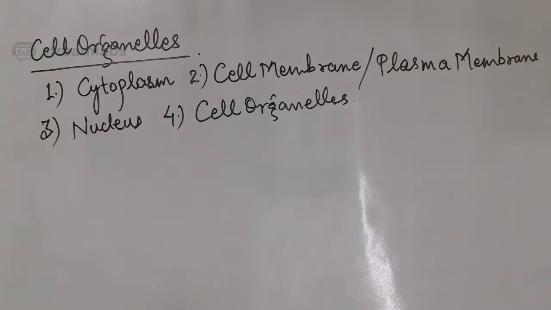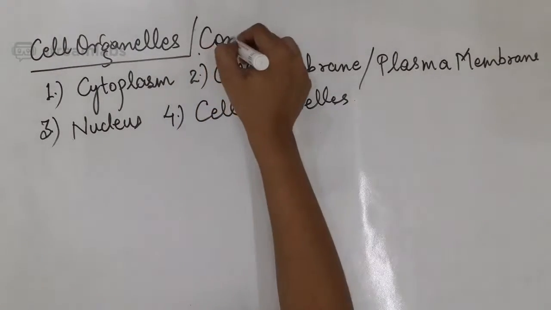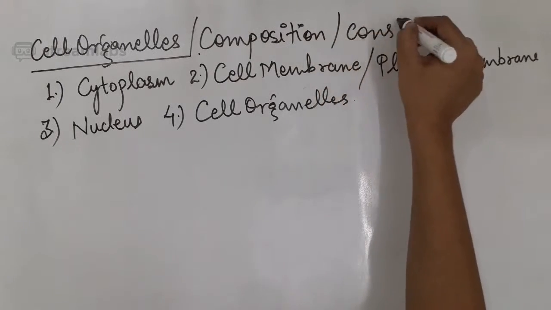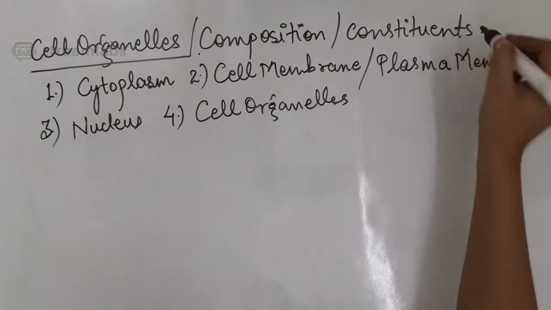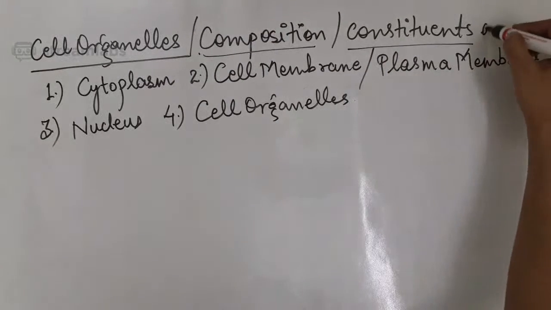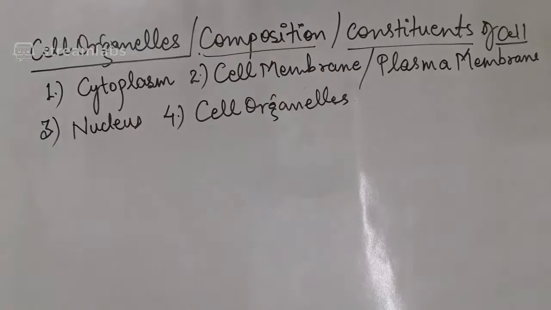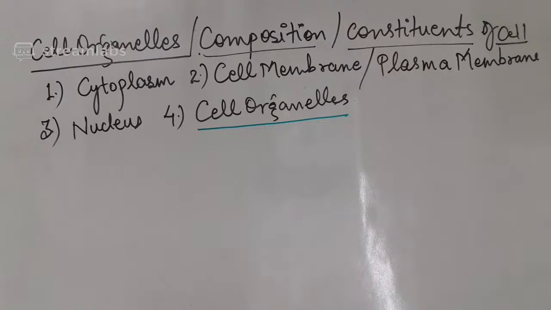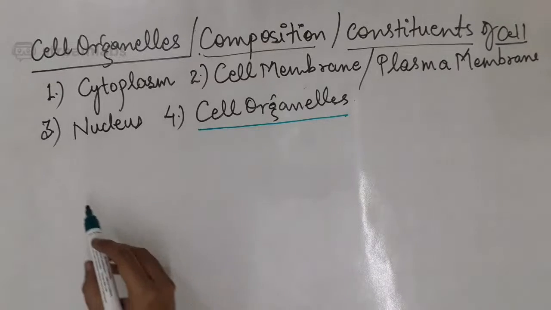Cell organelles, that is the composition or the constituents of a cell. The cell organelles are the tiny little organs of the cell that have their individual functions and life processes to be performed.